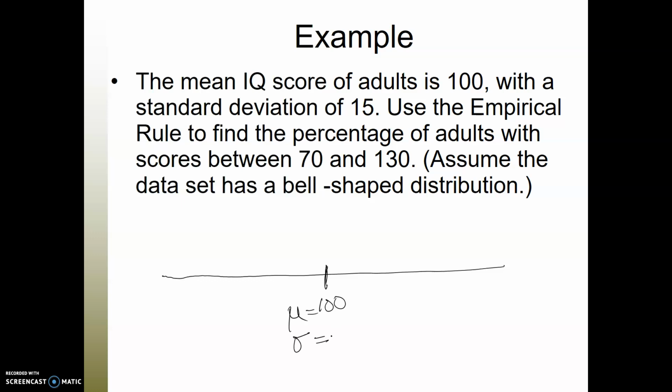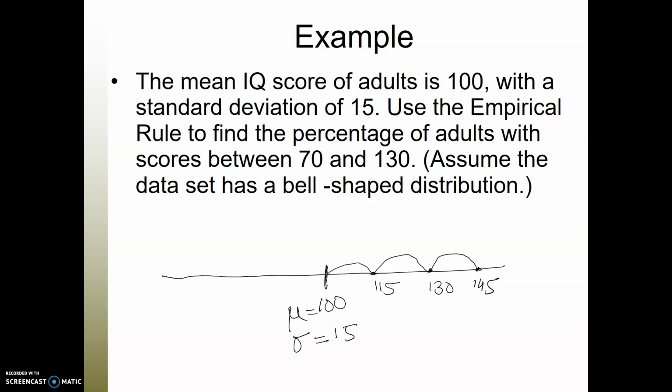It's equal to, let's say, 15. Now you add 15 to 100, you land at 115. You add another 15, you land at 130. You add another 15, you land at 145. In order to go forward you add, in order to go backward you need to subtract.